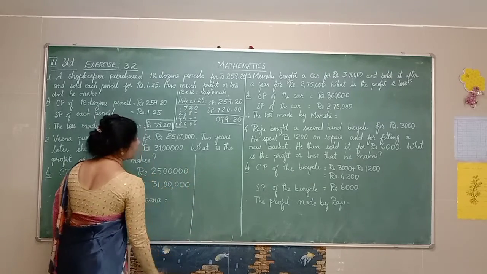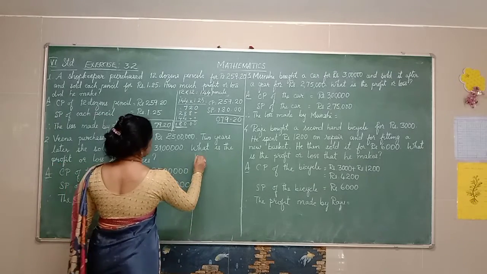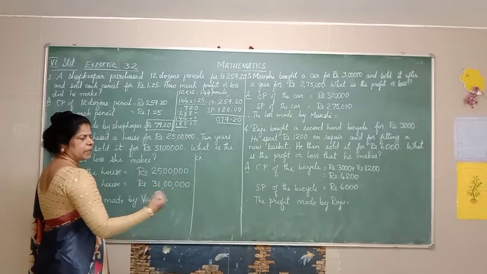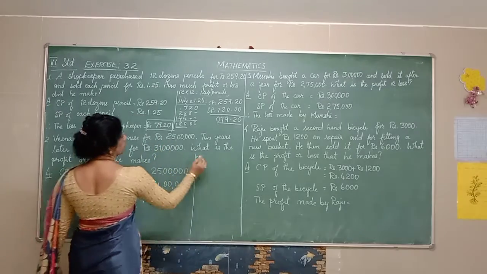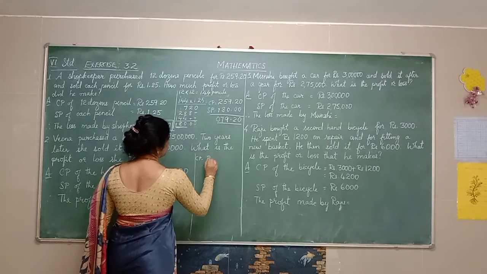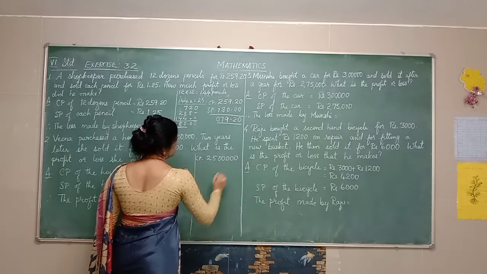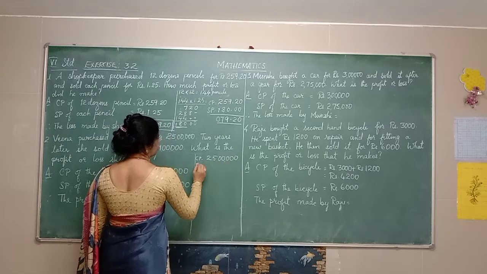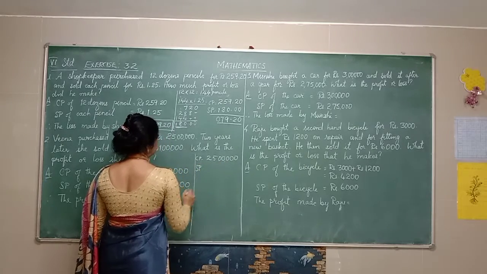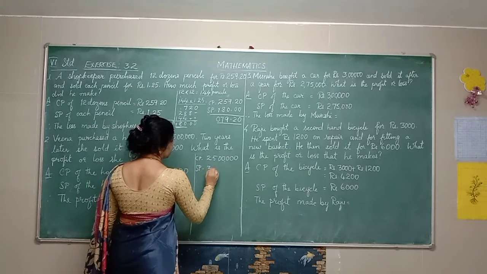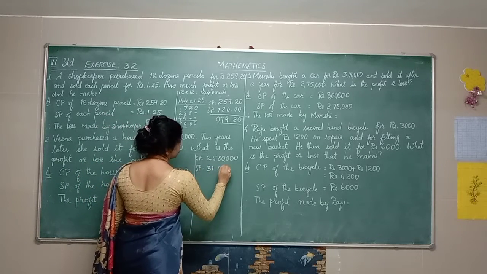So again, CP, cost price, is what they paid to purchase from the first person. Cost price was 25 lakh. Now, selling price is 31 lakh.